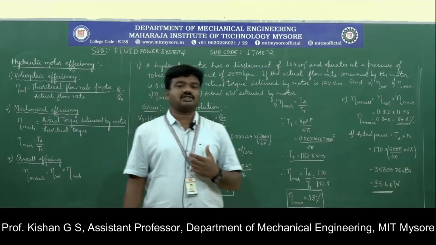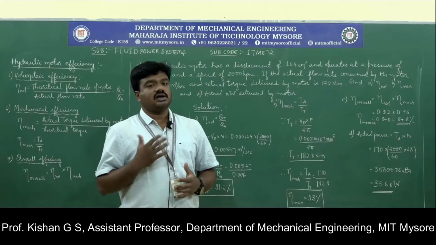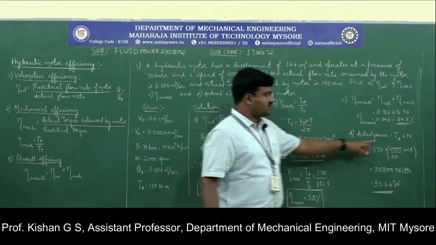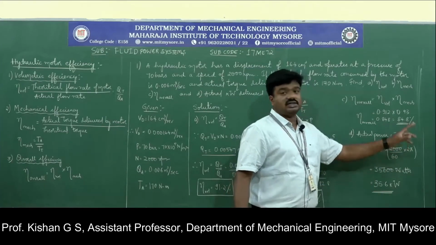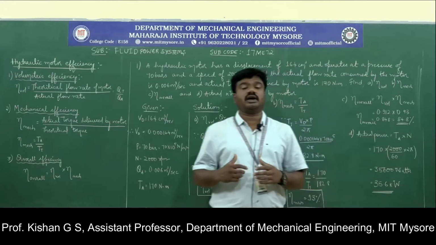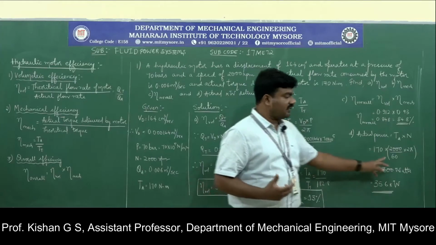Now comes the task of identifying the fourth parameter, that is, the actual kilowatt delivered by the motor. That is nothing but the actual power. Whenever we are going to identify the value of power, keep in mind N should be in radians per second. So the actual power is TA into N. TA is known, 170. N is in RPM, that is 2000 RPM. To convert it into radians per second, we have to multiply it by 2 pi and divide by 60.